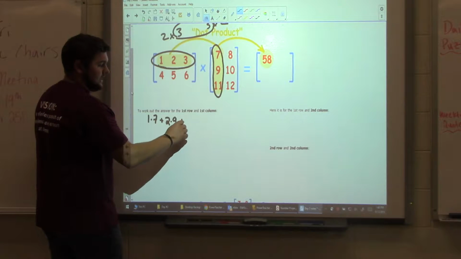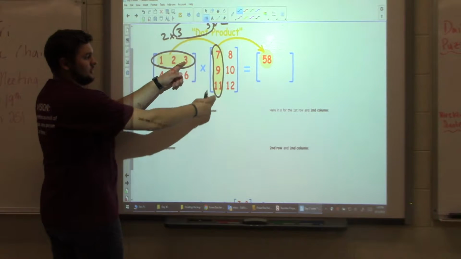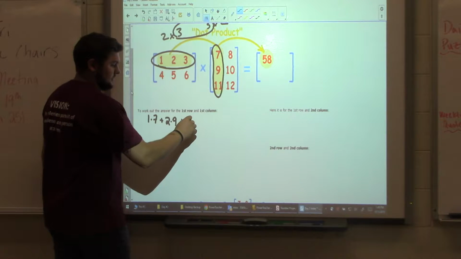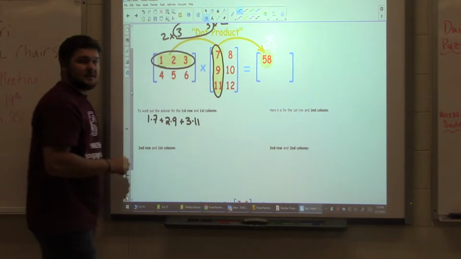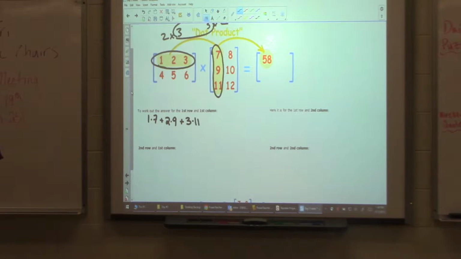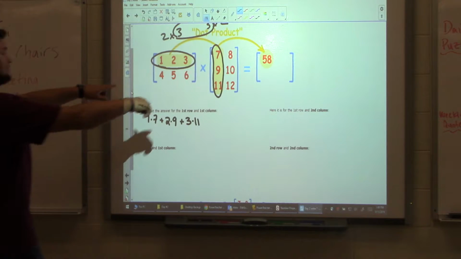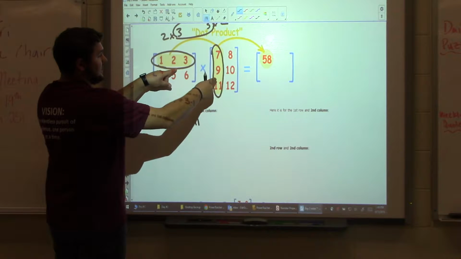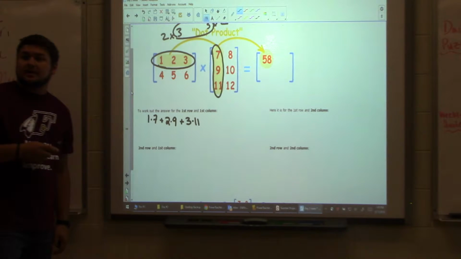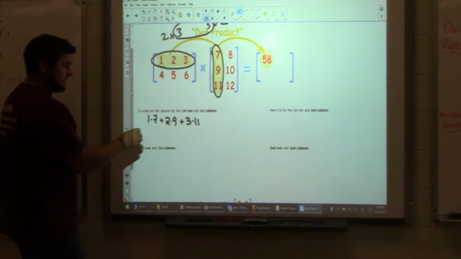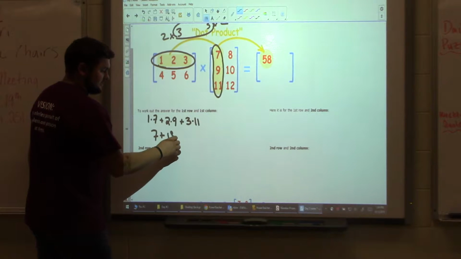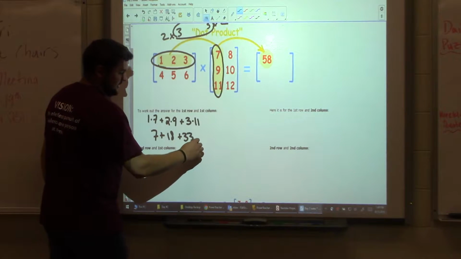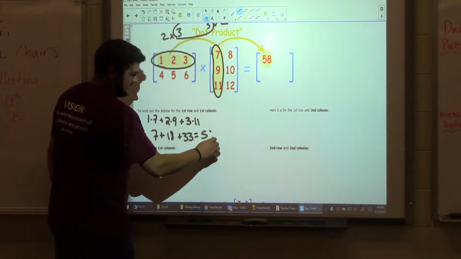Then I add the third number in the row times the third number in the column: 3 times 11. That's what we call a dot product. So I get 7 plus 18 plus 33 equals 58.